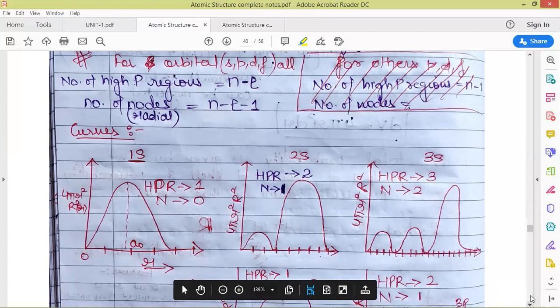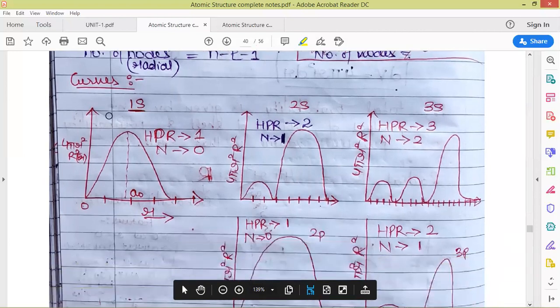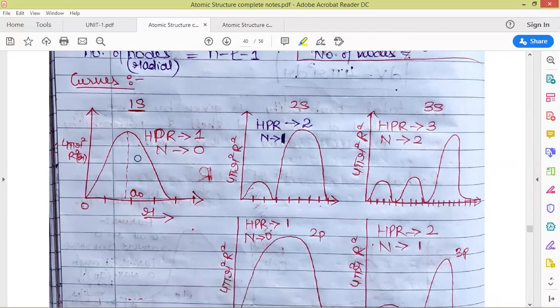So here we can see that as we move towards higher principal quantum number, for s orbital the number of high probability regions and the number of nodes are also increasing, and the shape of the hump is this, and successive humps which we are plotting are bigger than the previous ones.